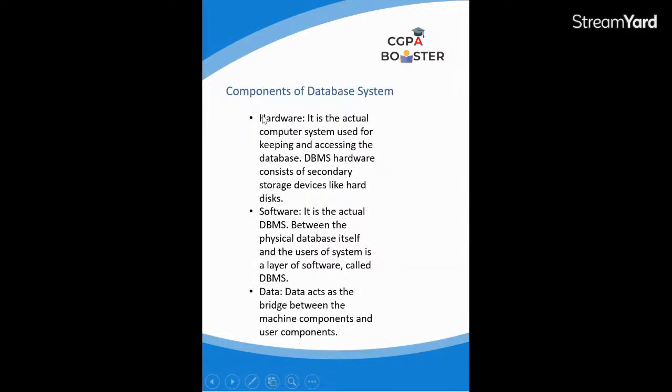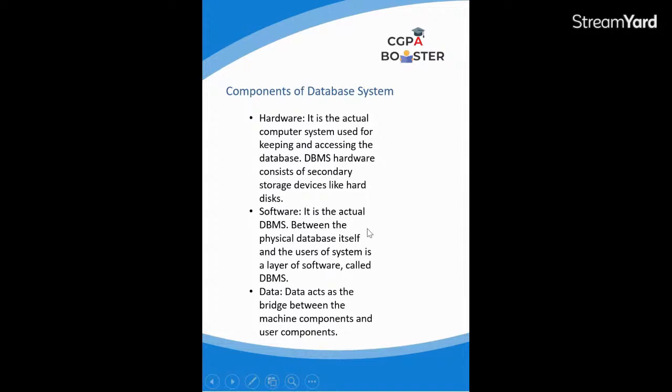Going into detail for every term mentioned in the previous slide, components of the database system continued. So we have hardware. It is the actual computer system that is used for keeping and accessing the database. DBMS hardware consists of secondary storage devices like hard disks, etc. Then we come to the second most important component of DBMS, that is the software.